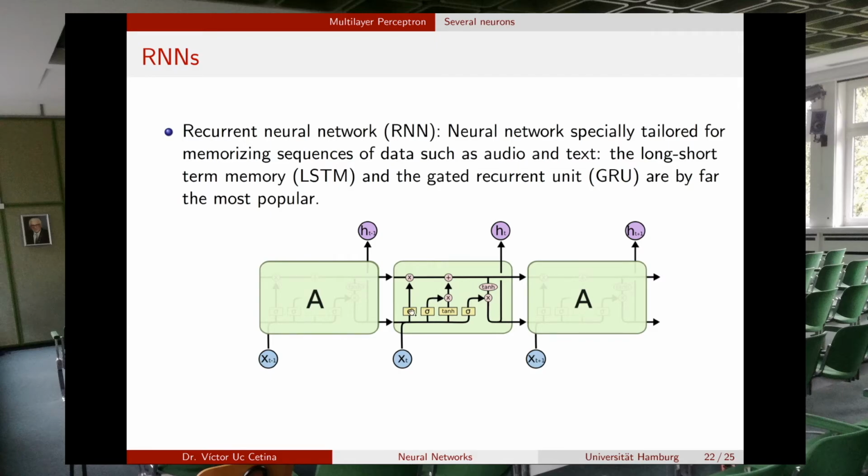In this case, you have connections where you have sigmoids, activation functions, and a hyperbolic tangent, and you have dot products or simply concatenation of vectors.